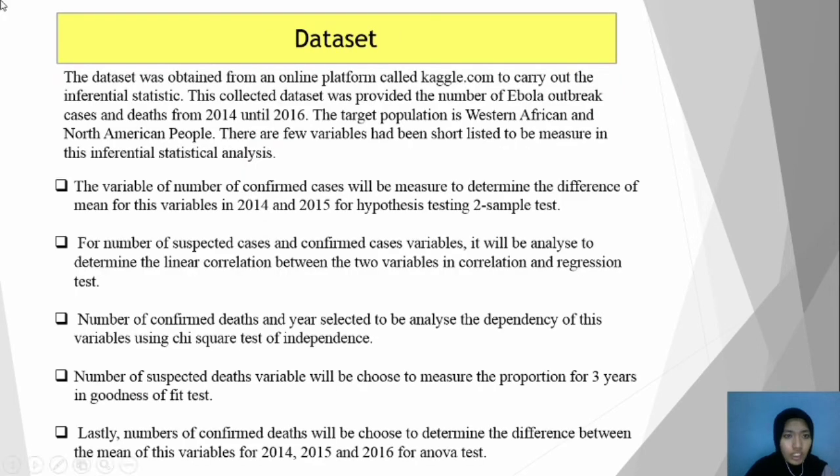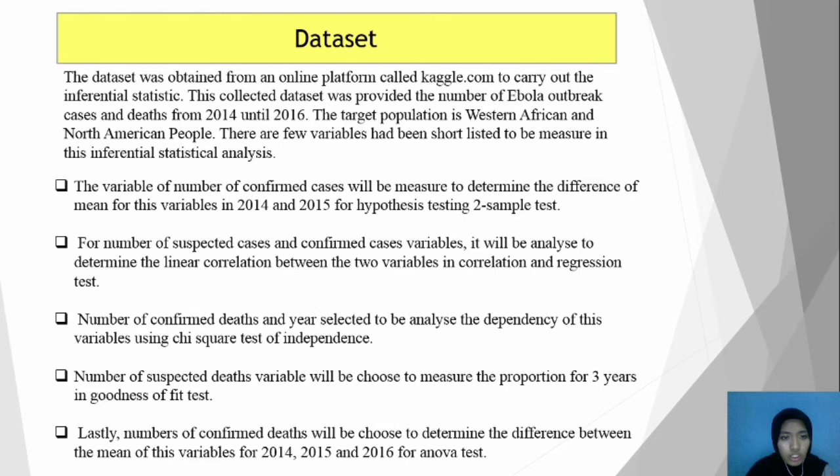The dataset was obtained from an online platform called Kaggle to carry out this inferential statistics. It provides the number of Ebola outbreak cases and deaths from 2014 until 2016. The target population is Western African and North American people.